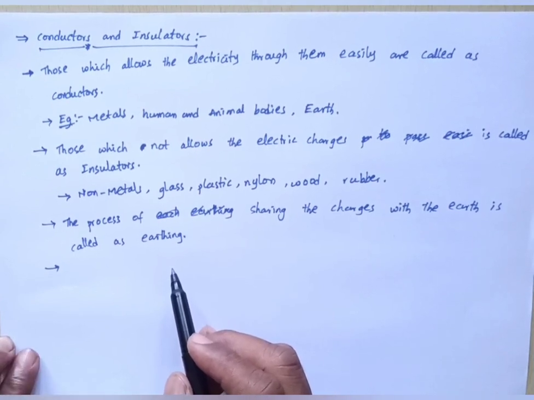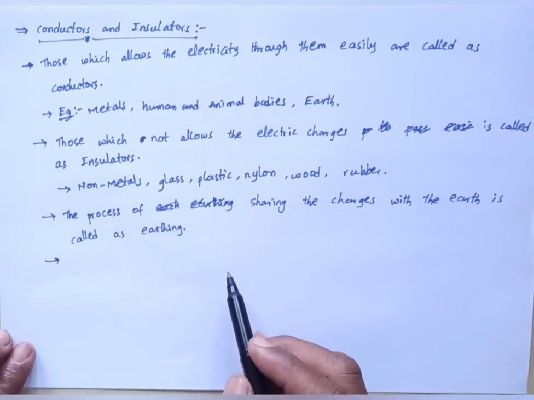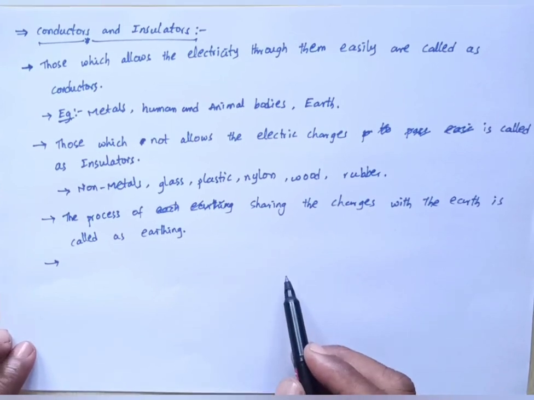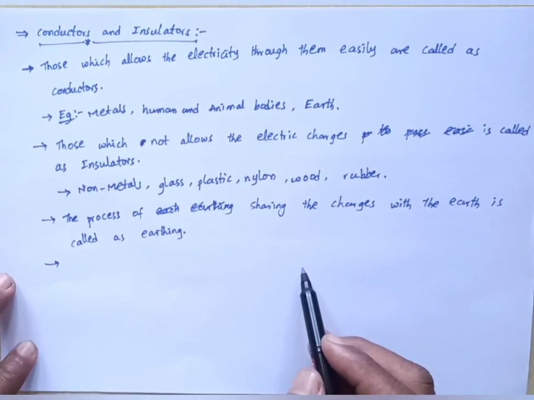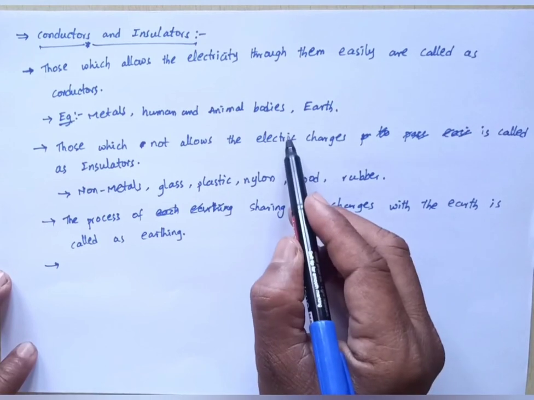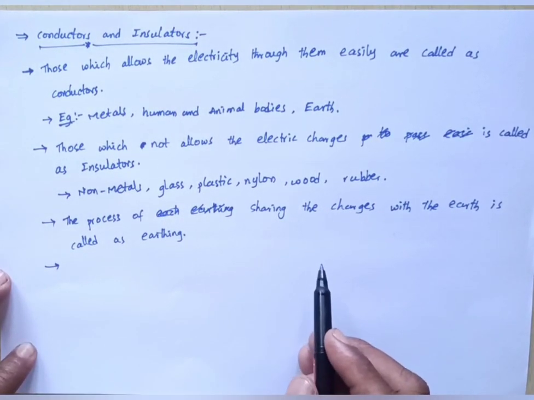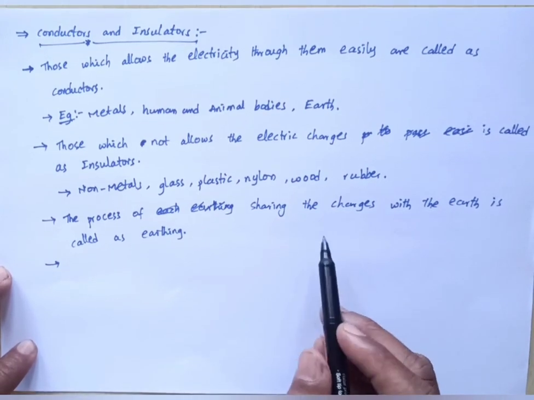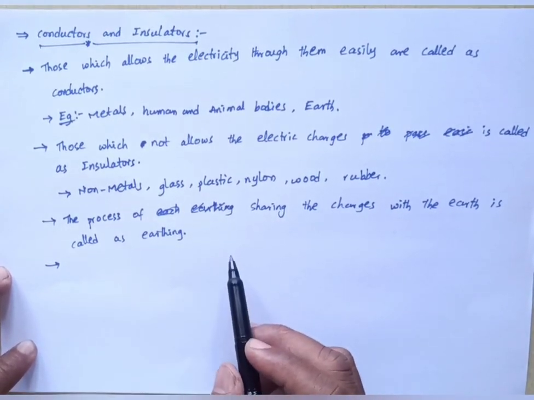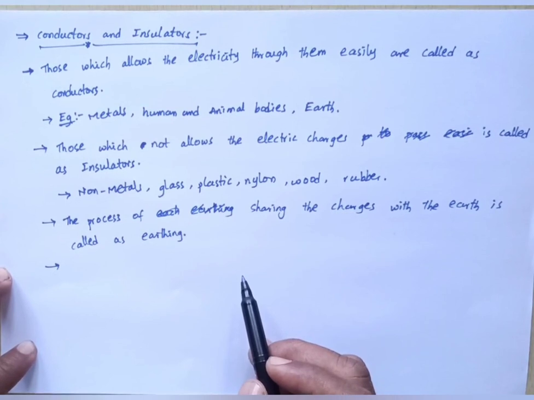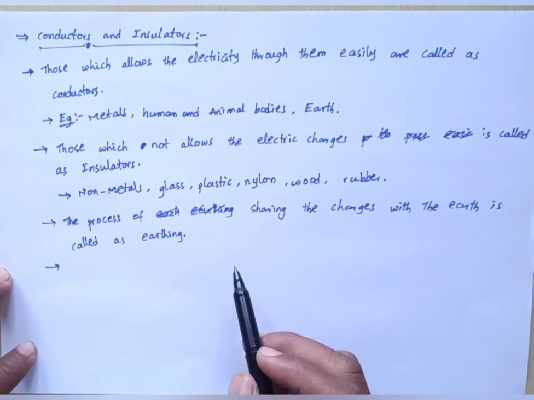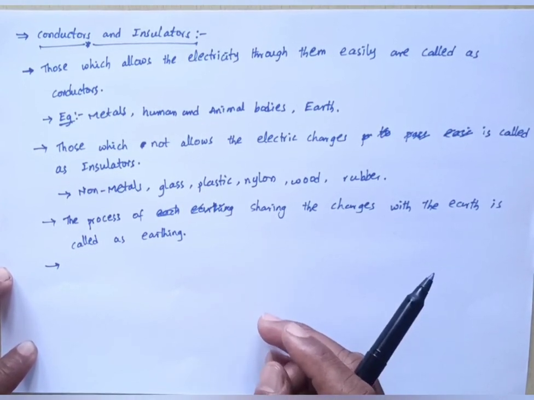When any fault occurs in an appliance and the main wire touches the metallic body, without earthing we get an electric shock.